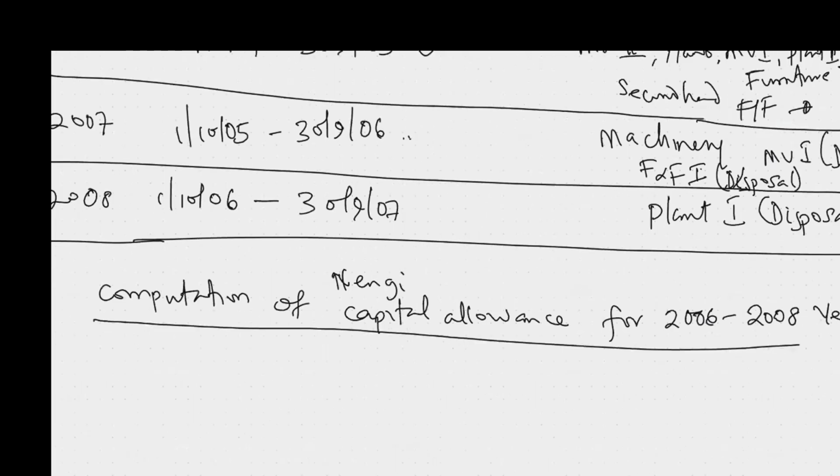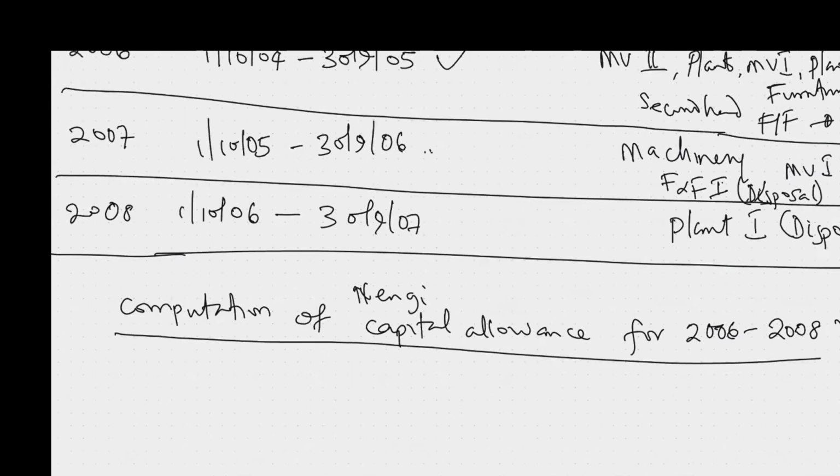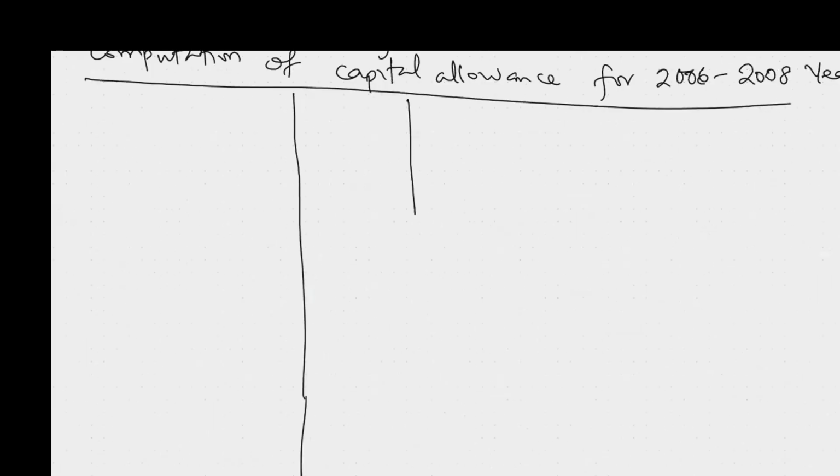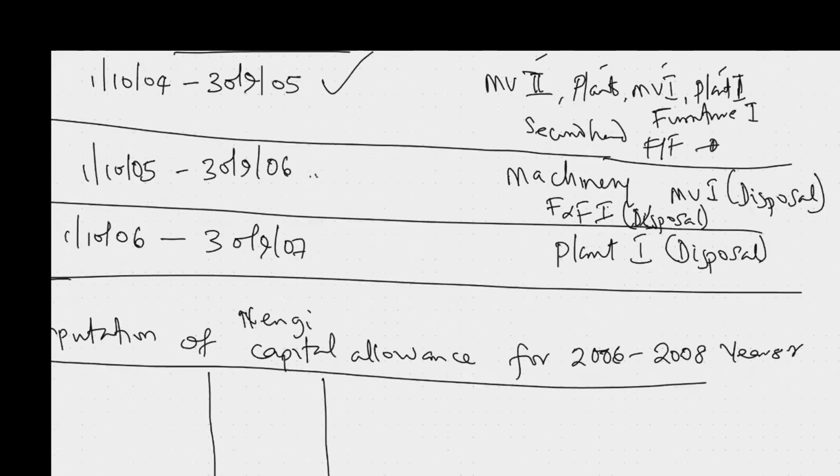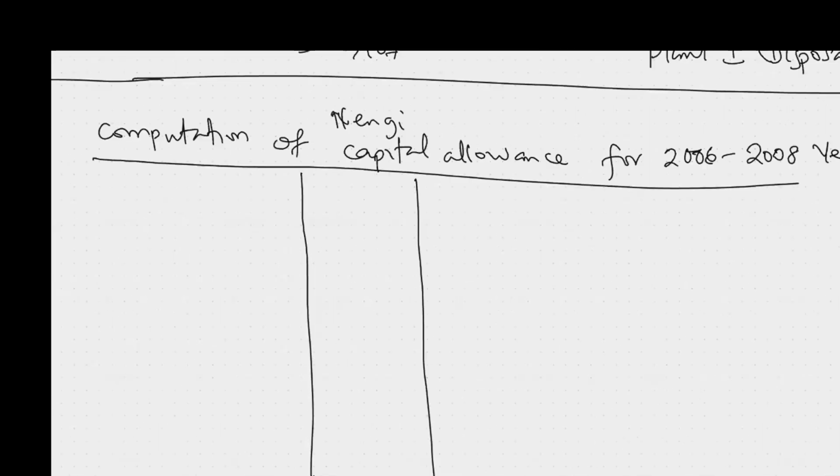Don't merge them together. We have 1, 2, 3, 4, 5, 6. About 6 of them or 7. If we are not merging, 7. If you are merging, it will be 4. But let us not merge so that we can see clearly.